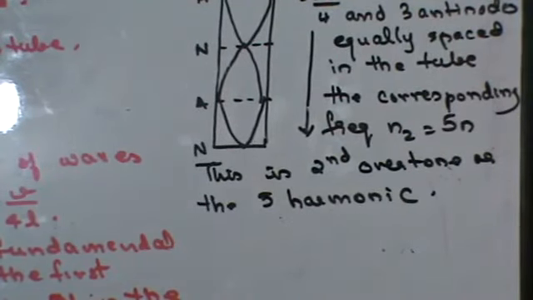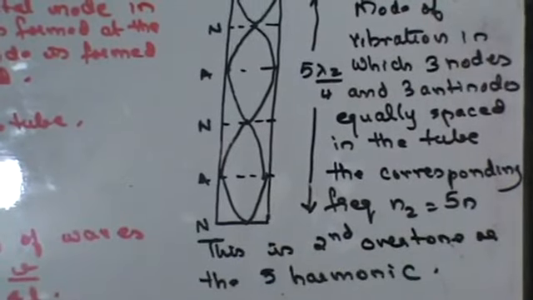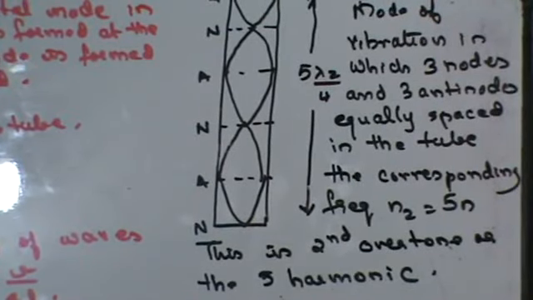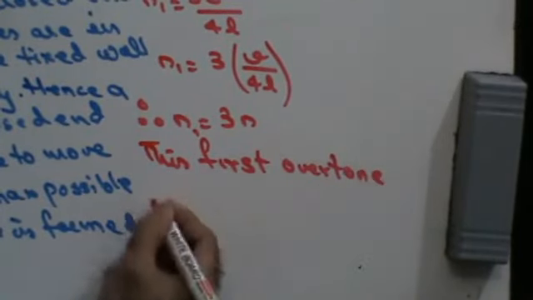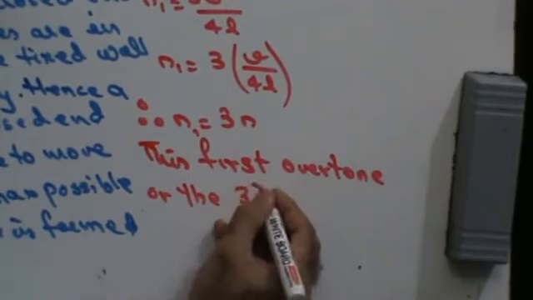So you can have different modes and for each you would have different harmonics. The only thing is that only the fundamental frequency and the odd harmonics are produced when the tube is closed at one end. For example, in the previous one, where I had n1 equal to 3n, this is the first overtone or the third harmonic.